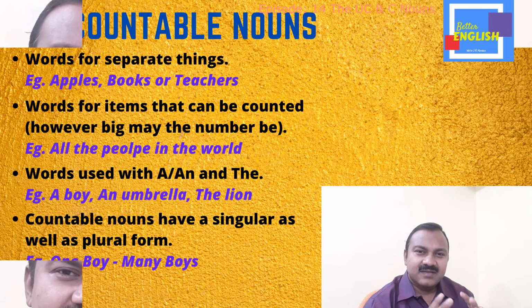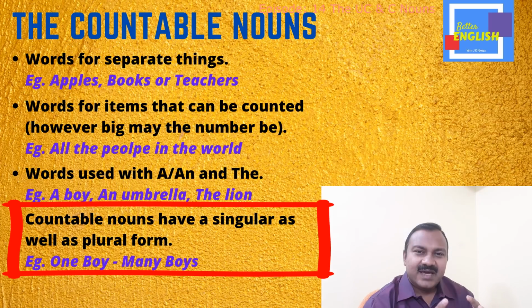Another important point you must note about the nature of the countable noun is the countable noun has two forms, one singular, the other plural. Because you can count this noun, either you have one or more than one. In English, you either have one or many.